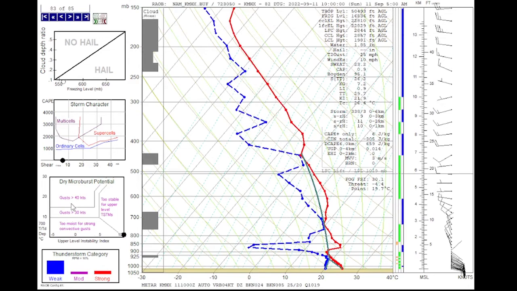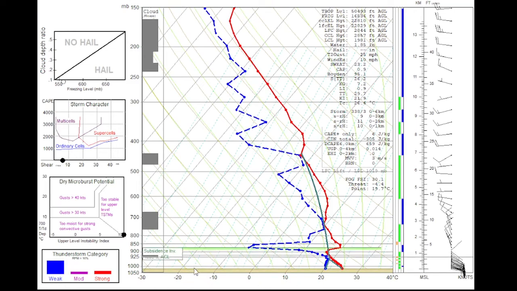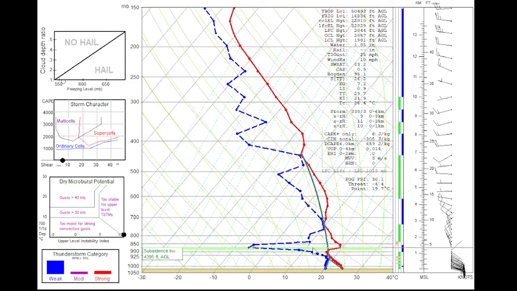Now analyze, go to inversion. There we got a subsidence inversion, and I can't tell what that is. Let me get rid of the clouds. 4,395 feet. So with an inversion that strong, definitely a subsidence inversion being elevated like that, that would cap any of that moisture on the surface.